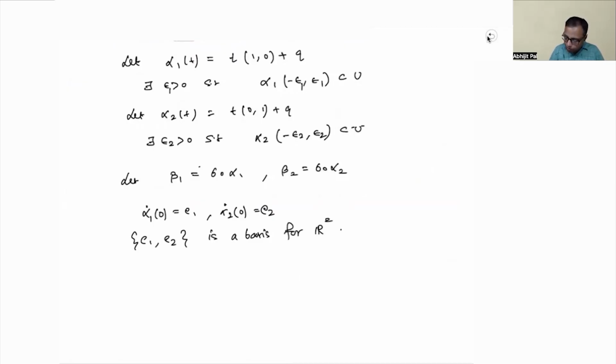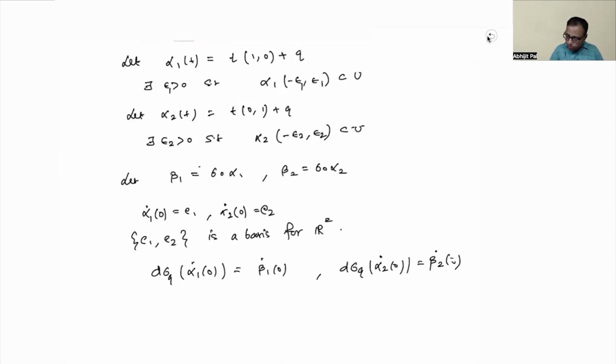Okay, and now if I apply d sigma q on alpha 1 prime 0, this will be equal to beta 1 prime 0, and d sigma q of alpha 2 prime 0 will be equal to beta 2 prime 0.